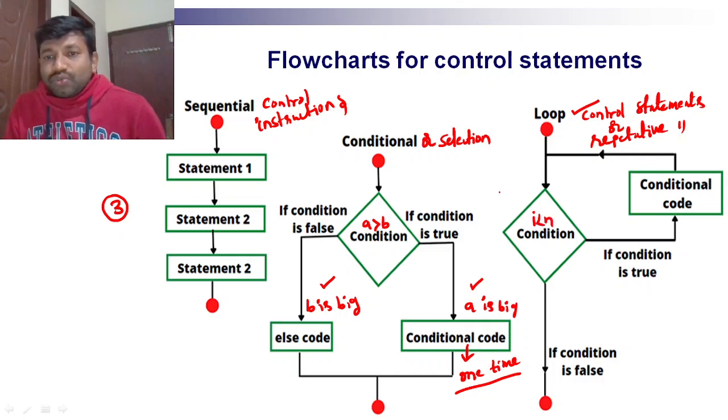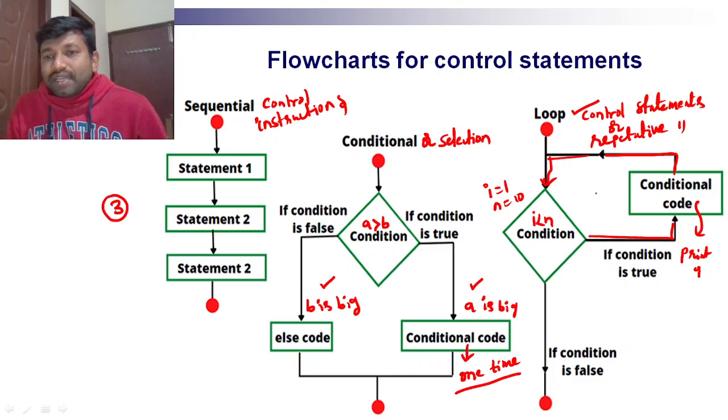Initially imagine that i is equal to 1, n is equal to 10. If the condition is true, you go here and execute the conditional code, whatever you want to do. For example, you may print i. After executing this conditional code, you go back to the condition, but meanwhile you update the variables.